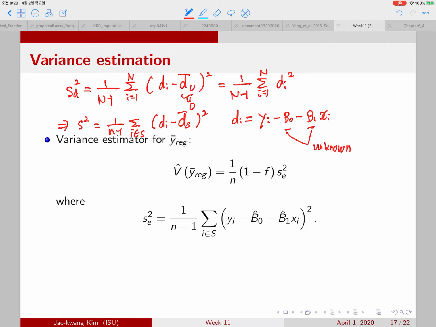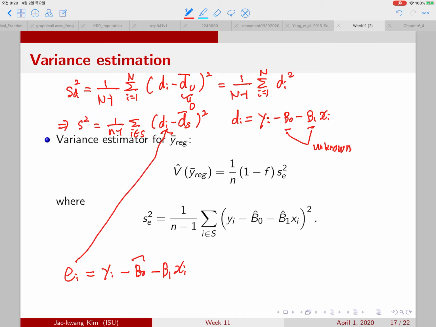So the idea is, okay, now let's estimate it and call it e_i. e_i is y_i minus beta0 hat minus beta1 hat x_i. Okay, so that is the sample residual, and then apply to here.